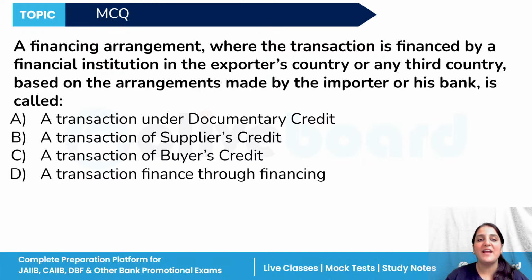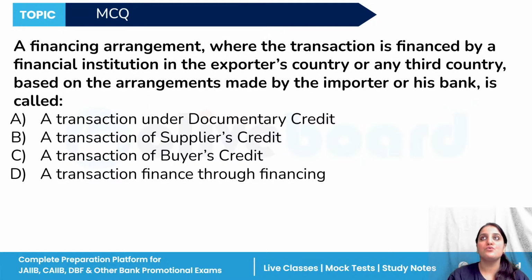Now, a financing agreement where the transaction is financed by a financial institution in the exporter's country or any third country, based on the arrangements made by the importer or his bank, is called buyer's credit.